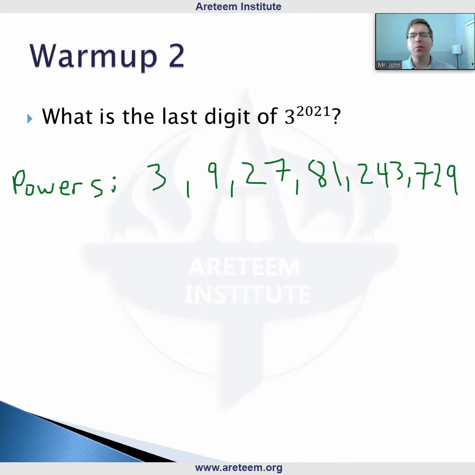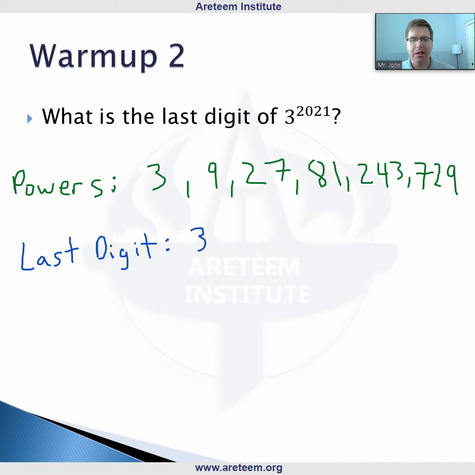Now, if we focus on the last digit, we can see if we can find a pattern. Every time we raise it to a higher power of 3, we're really just multiplying by 3.